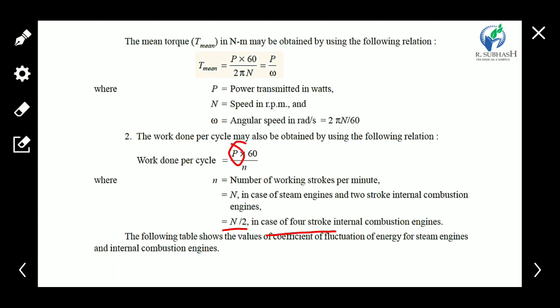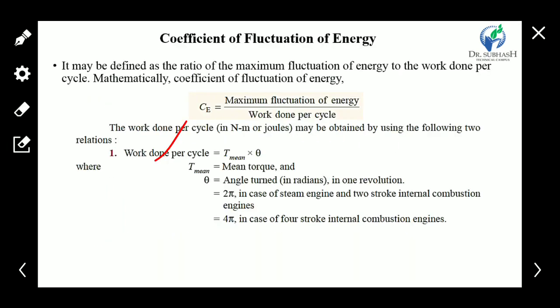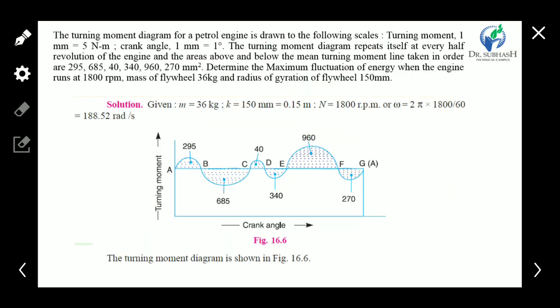P is the power developed upon the power stroke or working stroke. N is the number of working strokes, or number of power strokes. Clear? Through these two equations we can find the work done per cycle. Okay. Clear?